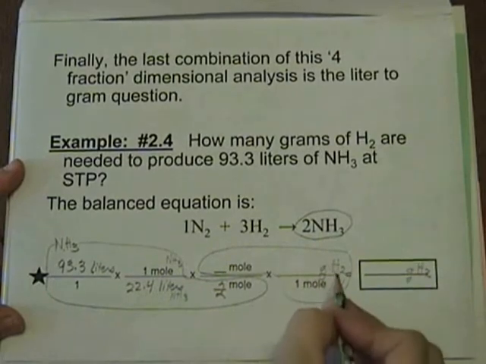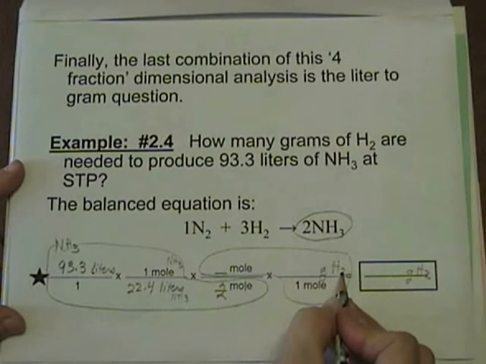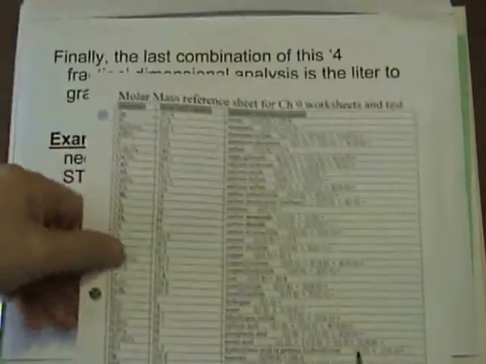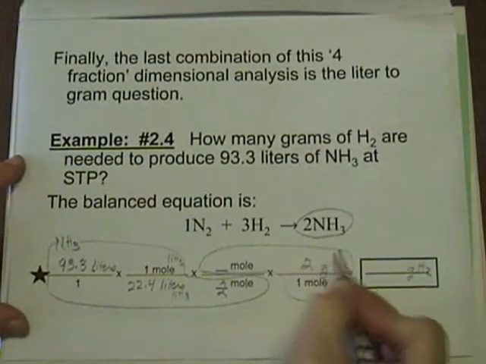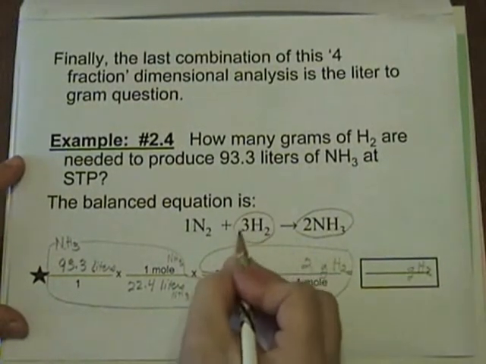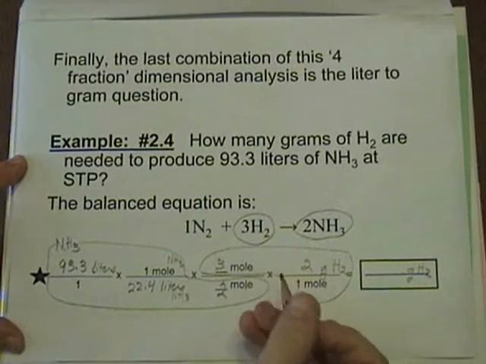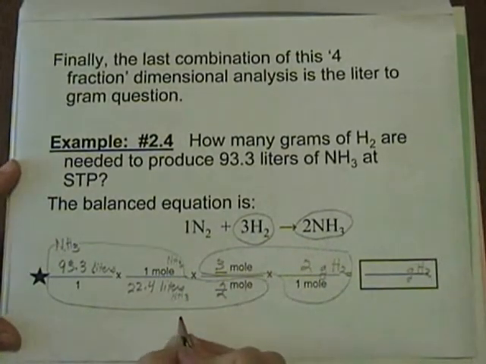All right. Okay, and now I need grams of hydrogen, and probably you have that down in your memory, that the molar mass of hydrogen, H2, is 2. Okay, and then the number in front of H2 is a 3, so the 3 goes there. Okay, so then I'm ready to punch it in my calculator.